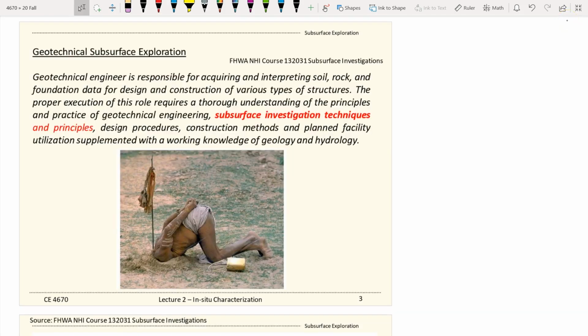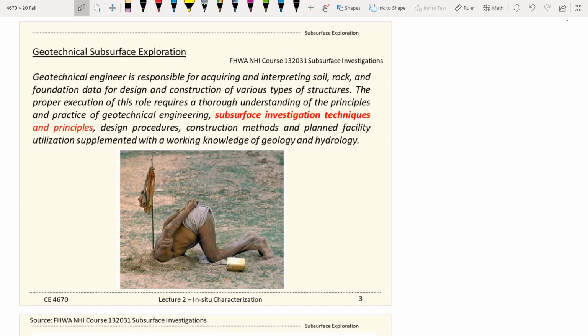So, what is geotechnical subsurface exploration? Geotechnical engineers are responsible for acquiring and also interpreting soil, rock, and foundation data for design and construction of many different types of structures.